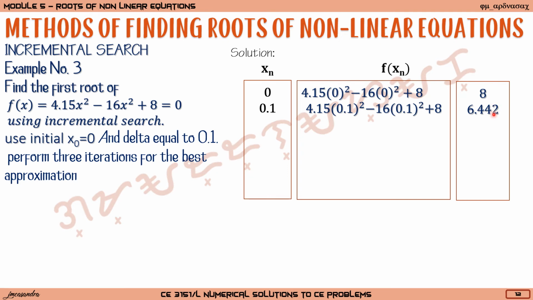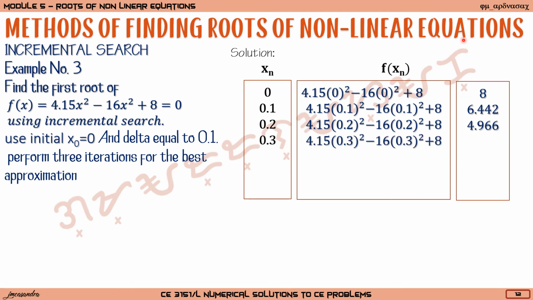So let's continue. 0.1 plus delta, so this 0.2. Substituting this in our equation, we'll now get 4.966. Again, increase this, 0.3. Substitute, we arrive at 3.574. So we continue, 0.3 plus delta is 0.4.